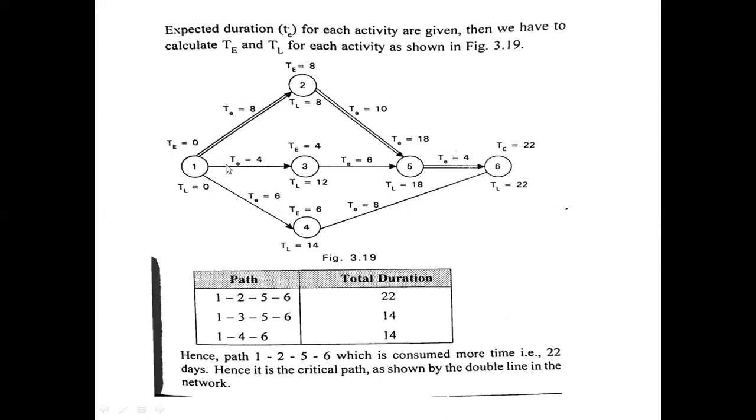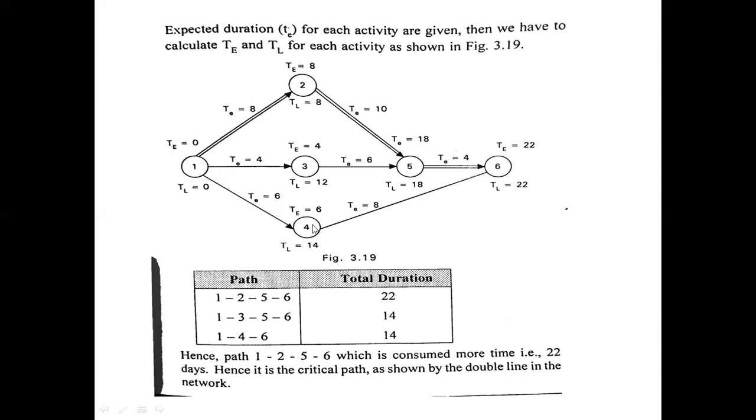So for this one, we are going to have 3 post events: 2, 3, 4. Let us see from this side. 8 minus 8 is 0, so from this you are going to get latest as 0. And from C here, 12 minus 4 is 8, so from this you are going to get 8.